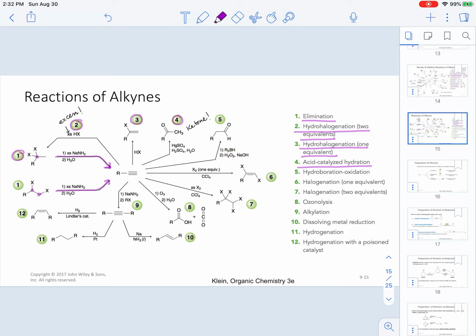On reaction number 5, which is hydroboration oxidation of an alkyne, this is a reaction that is 2 steps. We have that alkyne and we're going to be producing an aldehyde.